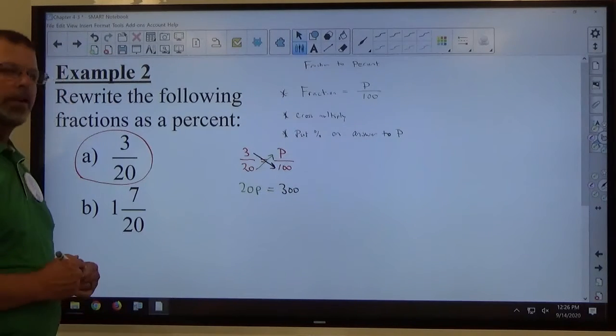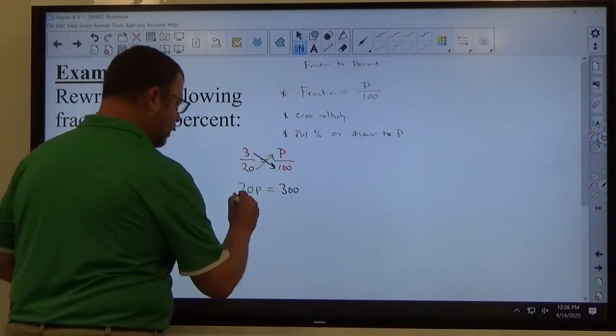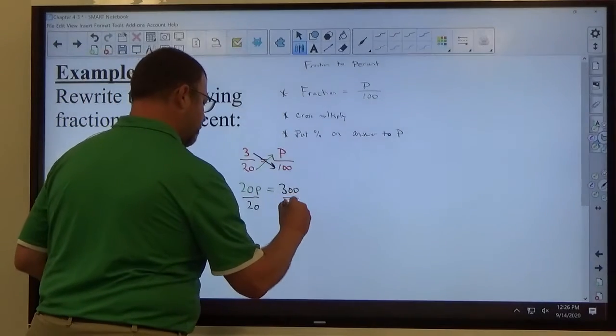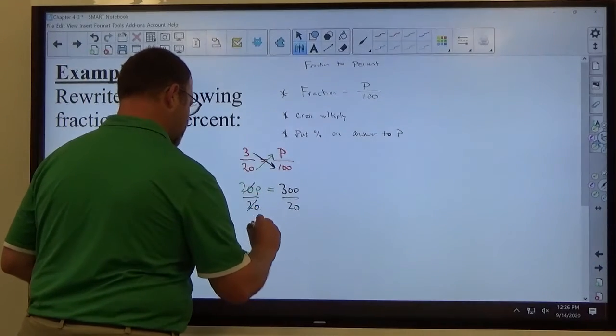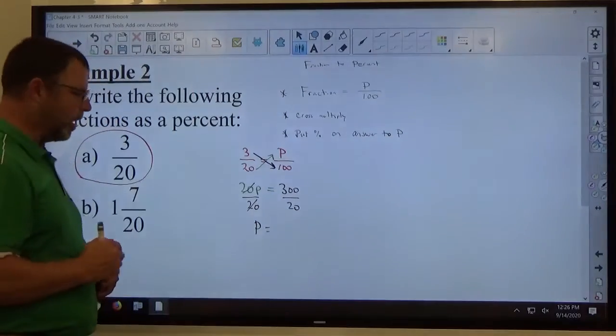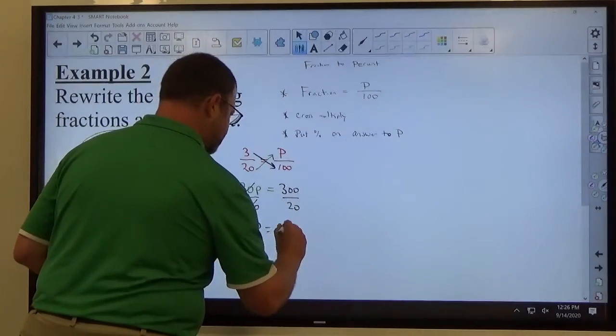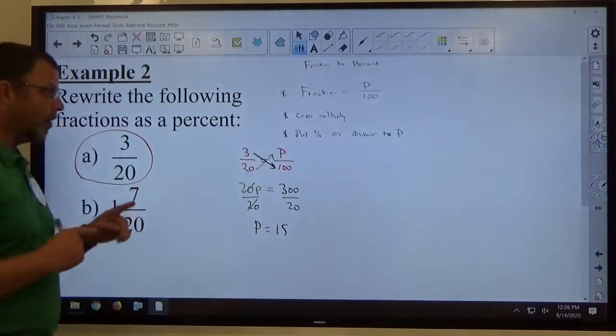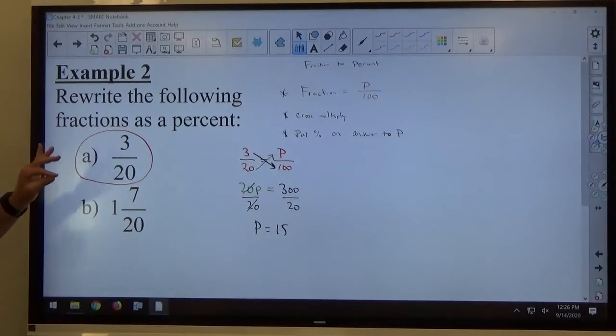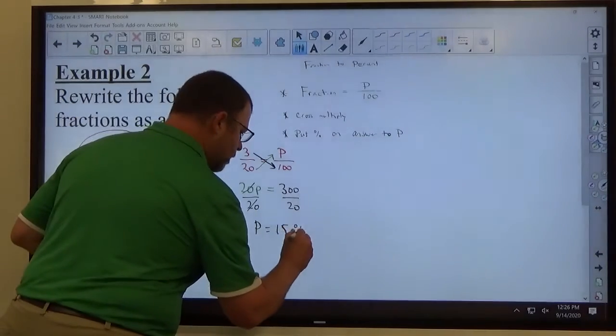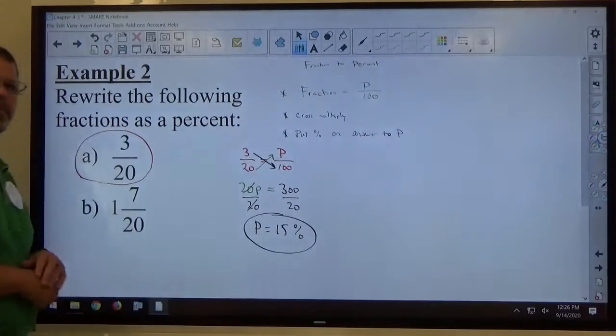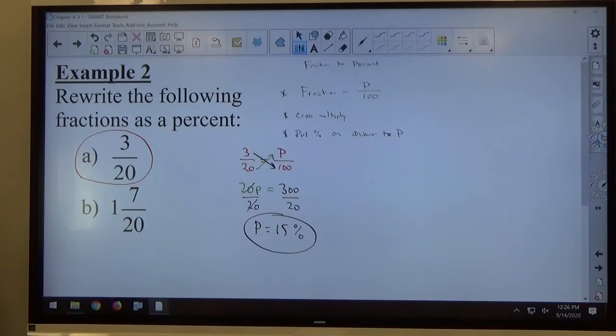Then, if 20P is equal to 300, I'm going to divide both sides by 20. We punch that in our calculator, we're going to get P is equal to 15. So again, 3/20 is not 15, it's 15%. So 3/20 is equal to 15%.